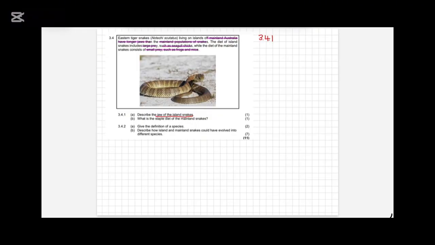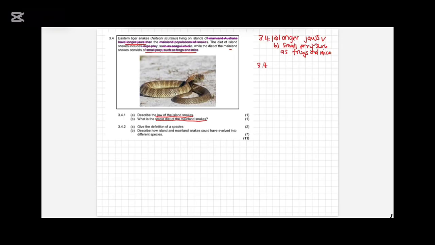So you go back to the extract: they have longer jaws. That's 3.4.1A. We go to 3.4.1B. They say, what is the staple diet of the mainland snake? You go back to the extract. The mainland snake feeds on small prey such as frogs and mice.